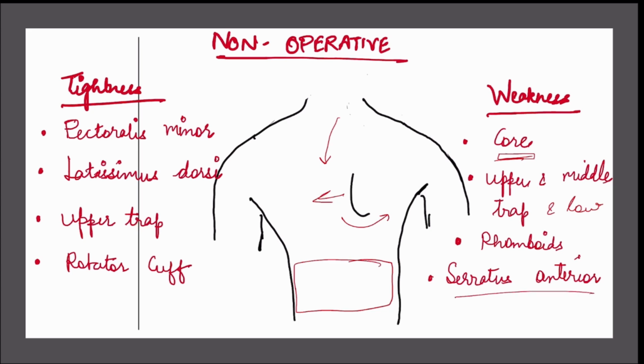If the serratus anterior is weak, the inferior-medial angle prominence can be there because it is attached there and it causes the external rotation of the scapula. If external rotation of the scapula is not there, there will be internal rotation of the scapula and inferior medial angle prominence will be there.